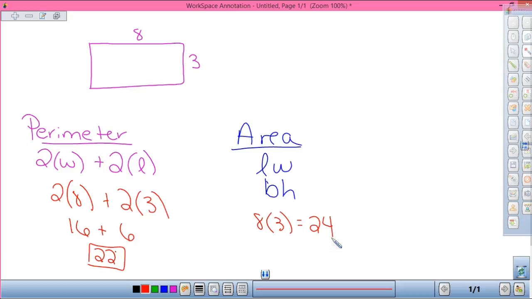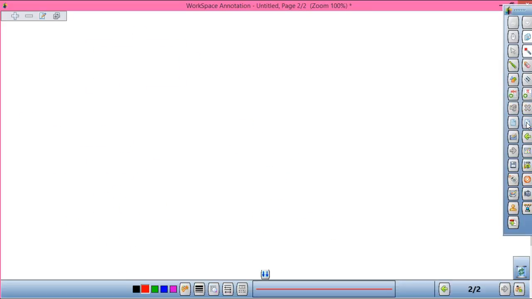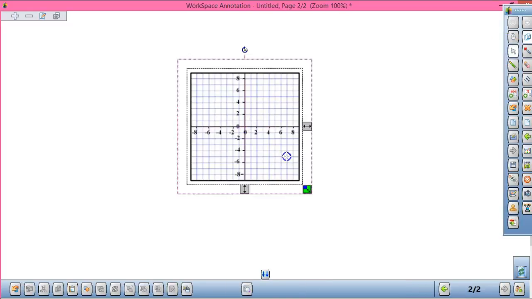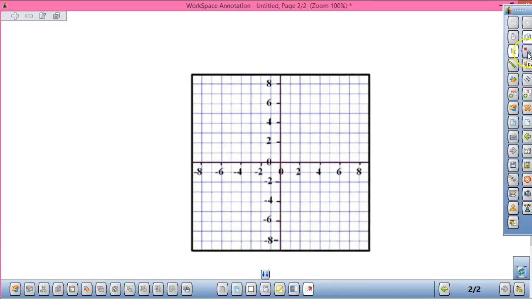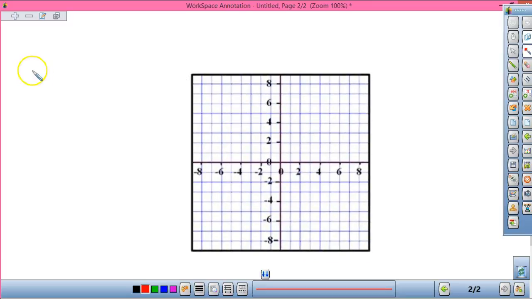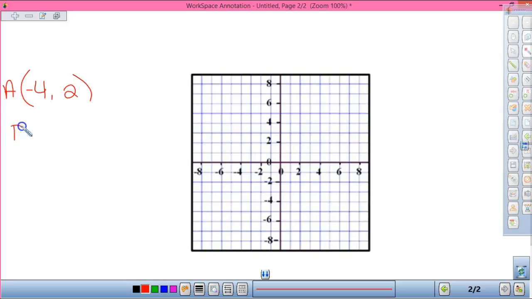Alright, so let's say that it gives us the points A is -4, 2, B is -4, 4, and C is 2, 4.